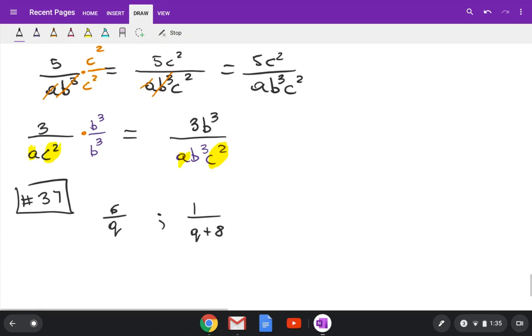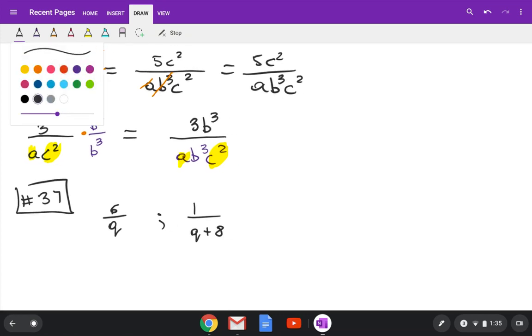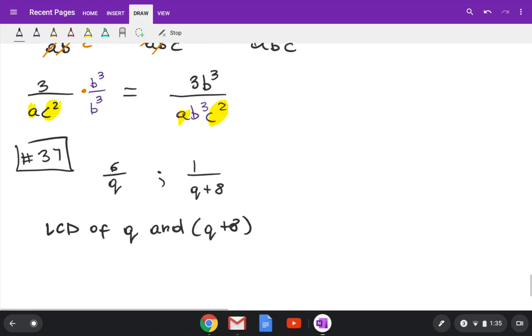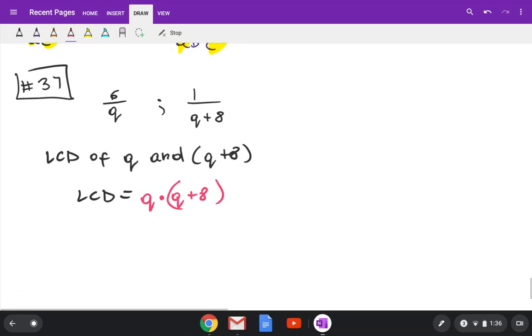First I need to find the LCD of the denominators q and q plus 8. Since you can't factor either of them because they are prime, the LCD will be just their product, q times q plus 8, and we keep it as a product. Now we build the equivalent fraction.